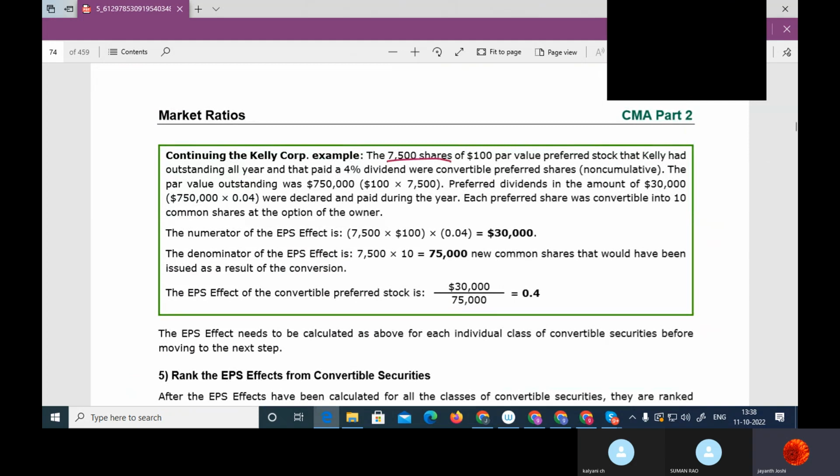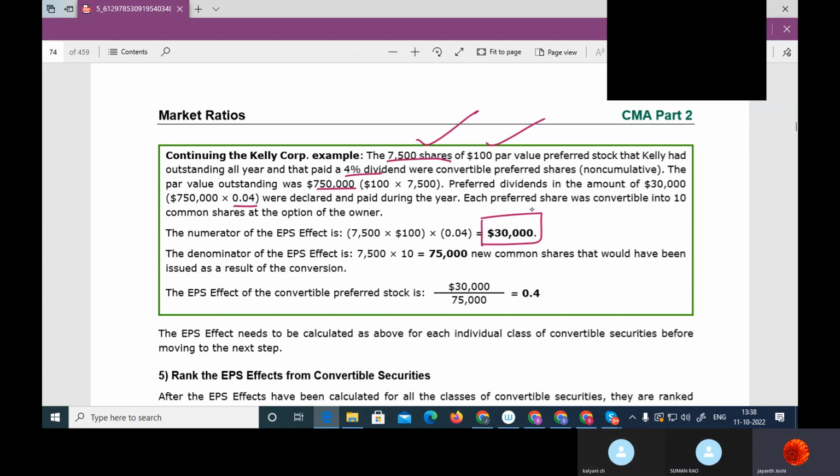Previously, while doing the Kelly Corporation question, you already saw this point. The company had 7,500 shares of $100 each, outstanding for the entire year, and they used to pay a 4% dividend. When we multiplied, we got $30,000 as the dividend value.